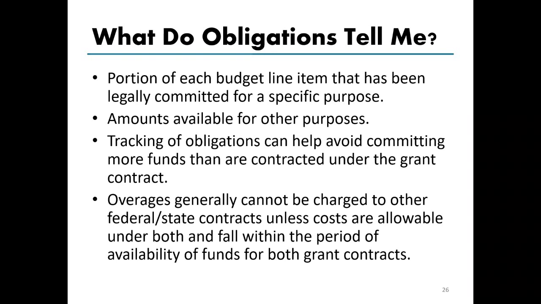It can help you avoid overcommitting your contract. In other words, if you know you're legally bound to purchase this amount of goods and services during the contract period, you need to know that you have enough to cover what you're committed to, and what you have remaining to manage the rest of your contract period.